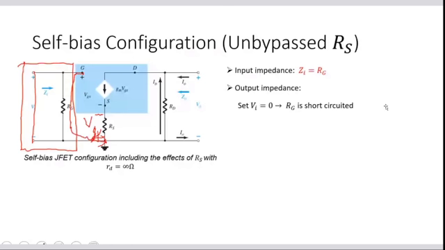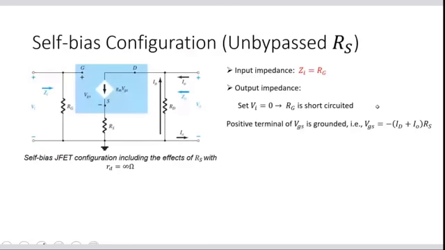On making VA equal to 0, the gate terminal will be directly grounded. That means VGS will be directly appearing across the resistor RS. The positive terminal of VGS is directly connected to the ground.